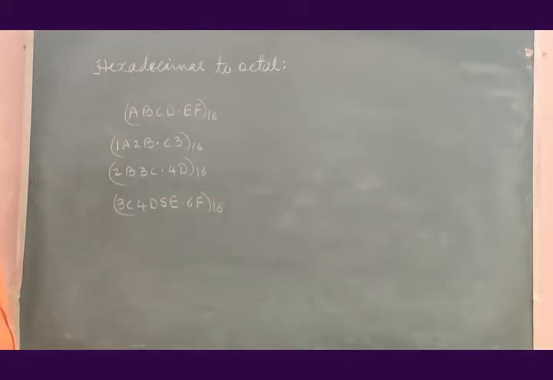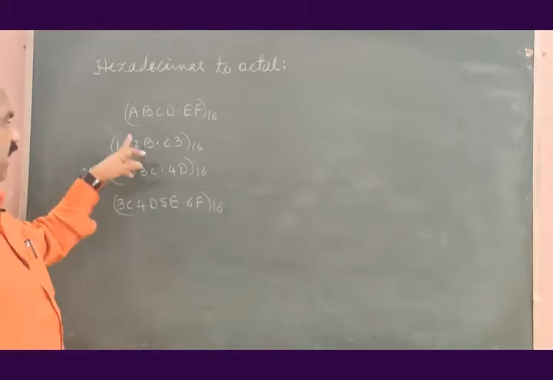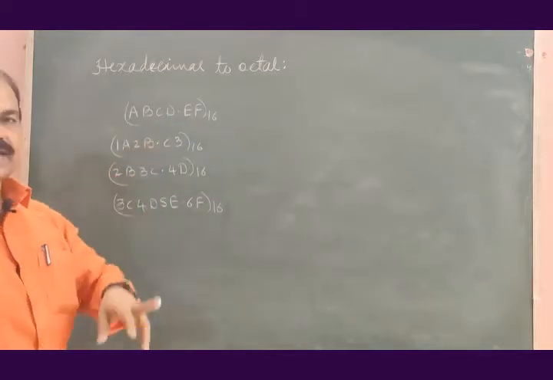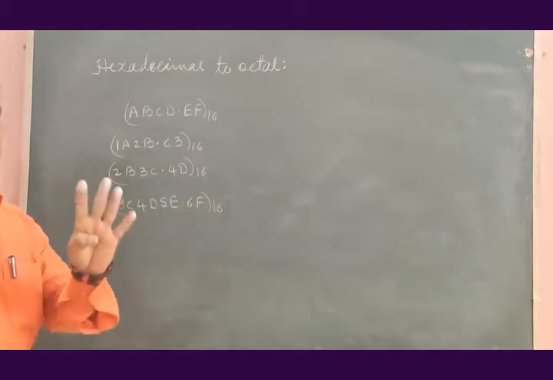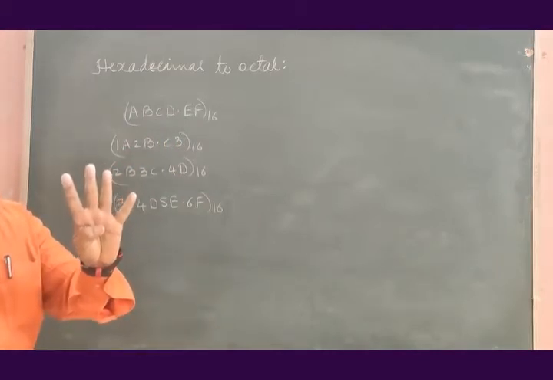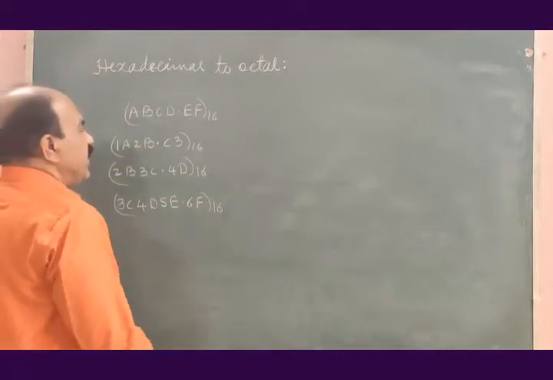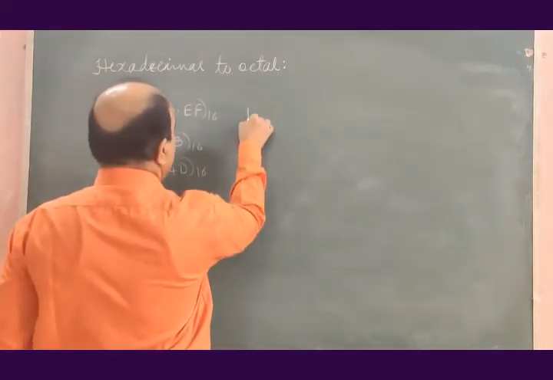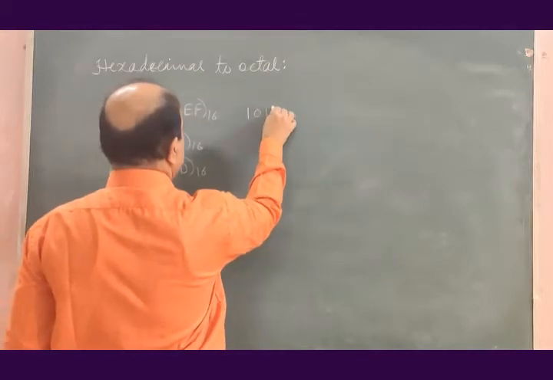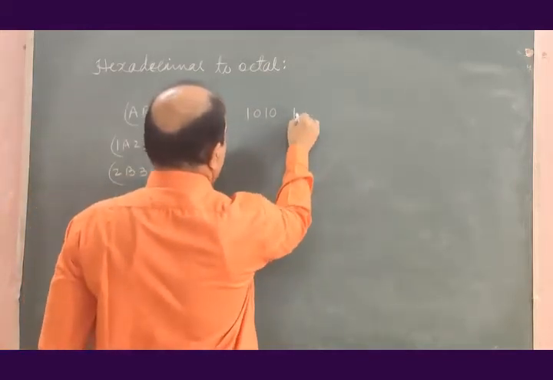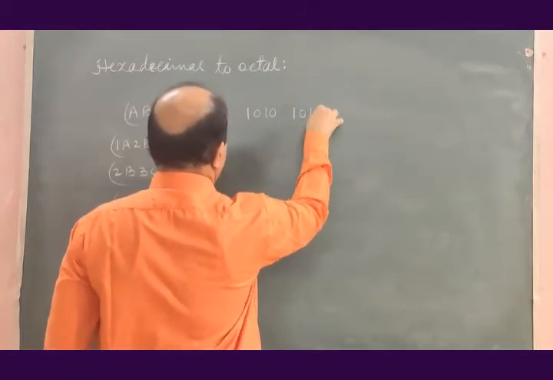Now, as I told the procedure, let us replace each digit of the given hexadecimal number by a group of 4-bit binary equivalent. A is 10, which is 1010. B is 11, which is 1011.